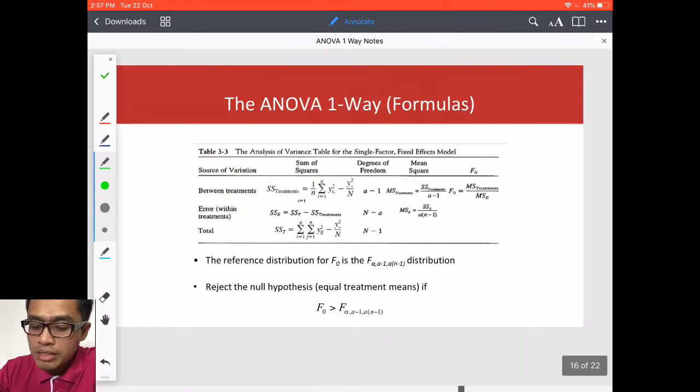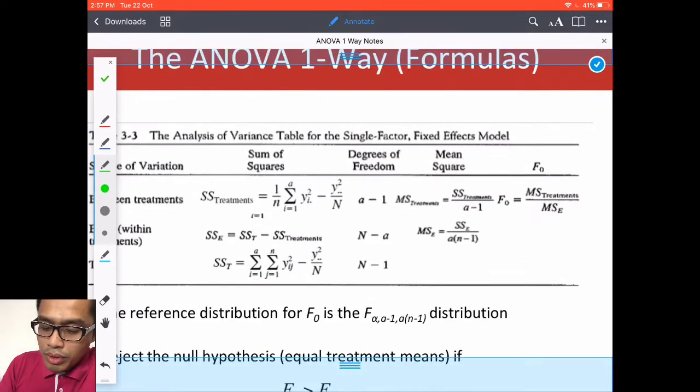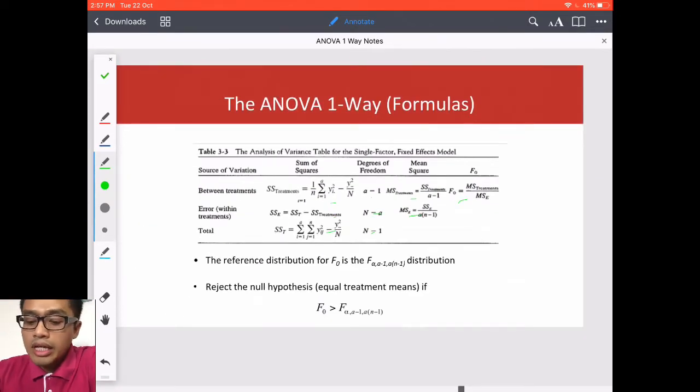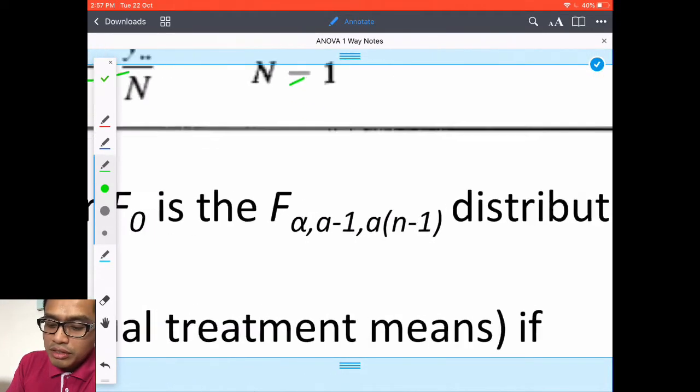Here are the formulas. How many of them? 1, 2, 3, 4, 5, 6, 7, 8, and 9. You have 9 equations in this table, which will be provided in your final exam, and you can use them to find your F0. What should we do with this F0? We need to refer it to the table. So here is your table.